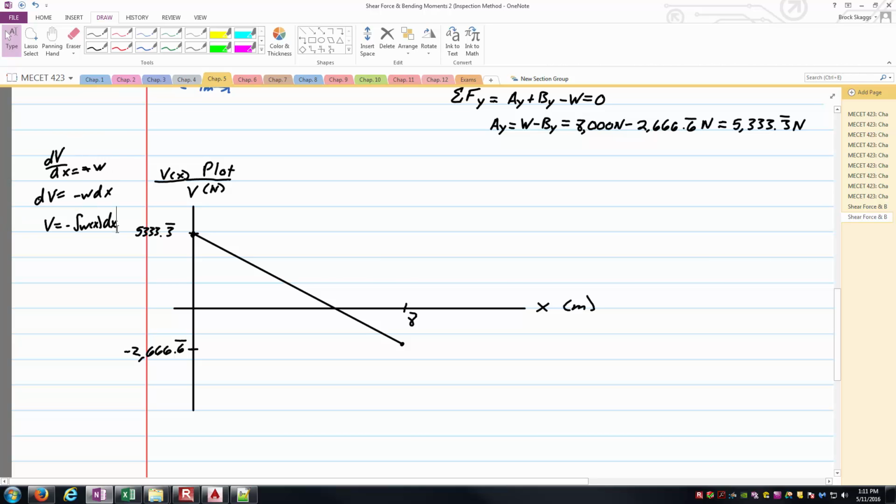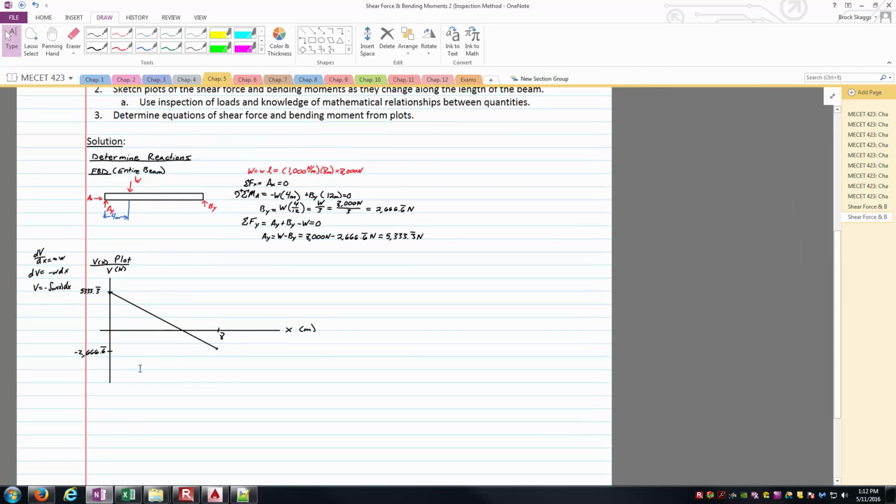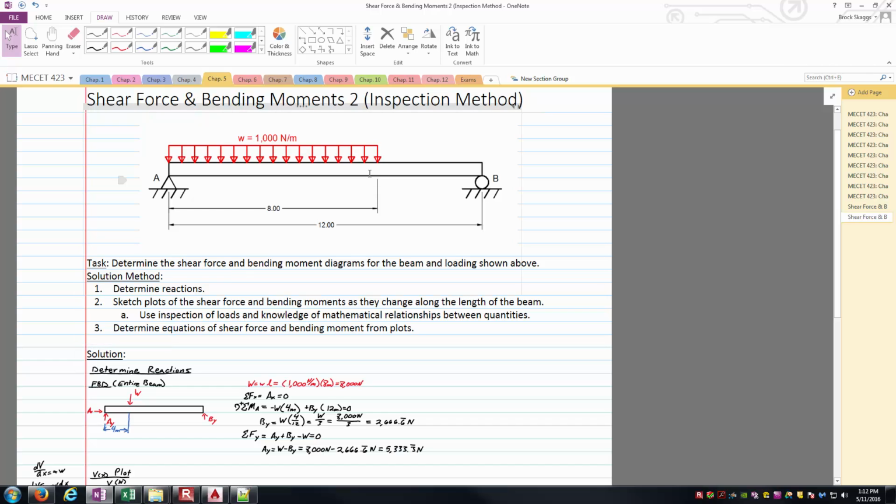Well, if I think of the integral portion here, I've got a constant value for w as a function of x, right? It's just a constant 1,000. If I integrate that, I'm going to get to a linear function, and the negative sign out here is going to cause it to be a negatively sloped linear function, which is exactly what this line is representing. So now we've got the first portion of the shear force diagram made between 0 and 8.